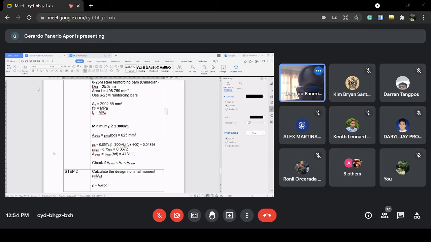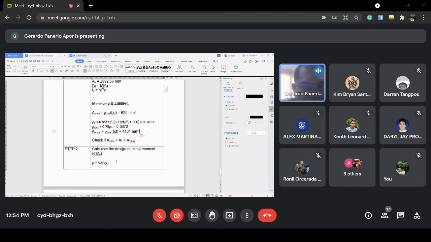Okay, mm squared. So how much do I provide? I provide 2992. So check if my ES is within this range. So I will plot 625 as my ES min is less than 2992.55 is less than 4131.